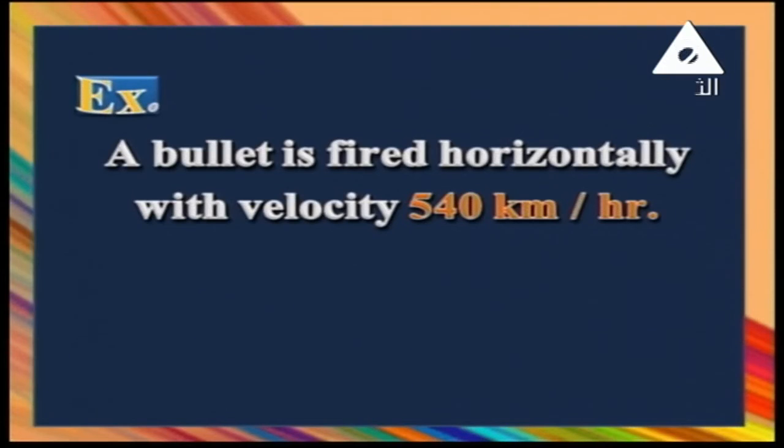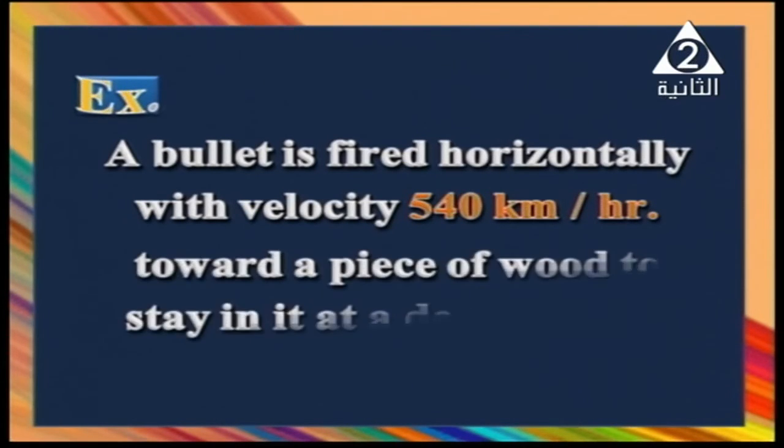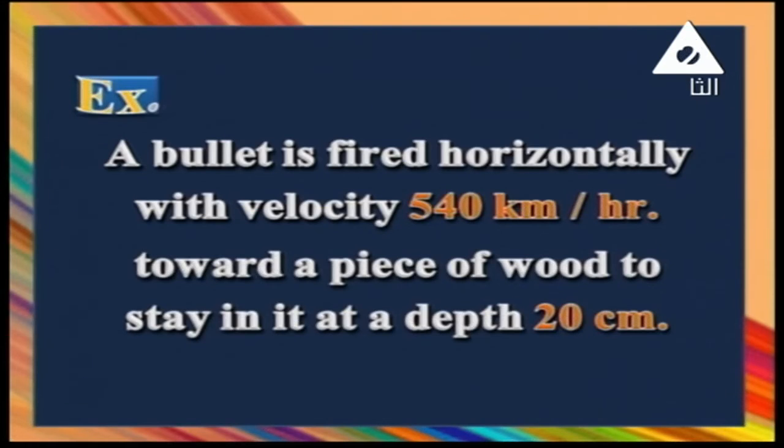A bullet is fired horizontally with an initial velocity of 540 km per hour towards a piece of wood, and stops inside it at a depth of 20 centimeter.